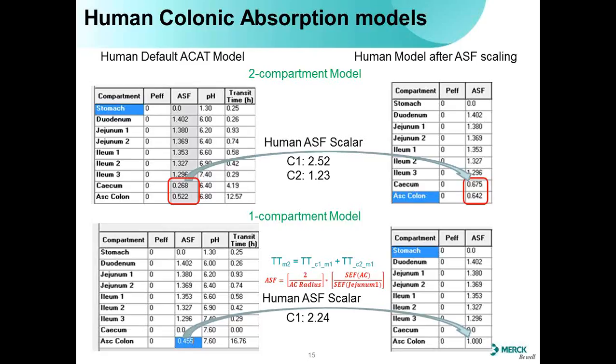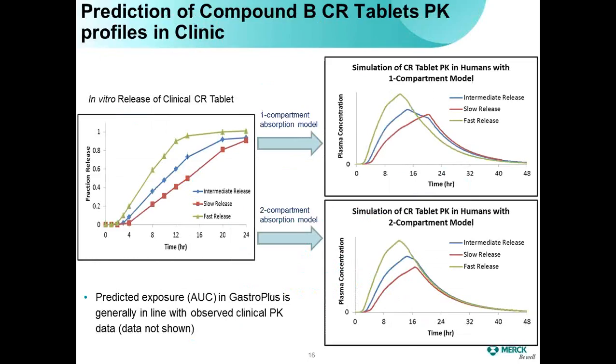Similarly, the default ASF settings in the one compartment model were adjusted accordingly, based on the definition of the ASF in the theoretical SAV model, which takes into consideration the SEF of ascending colon, SEF of jejunum one compartment, and the radius of the ascending colon. So we then modify the default human model using these previously obtained ASF scalars, and we are ready for the prediction.